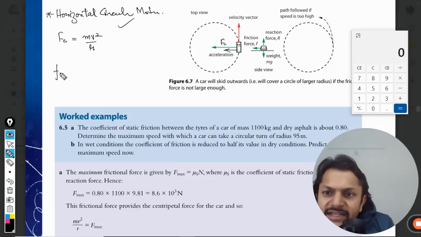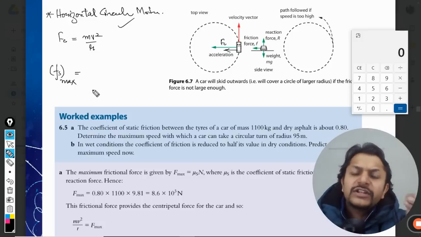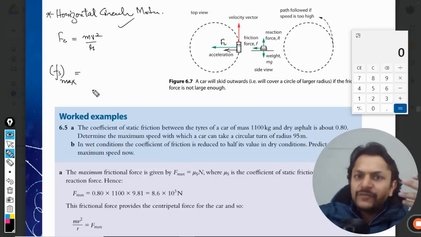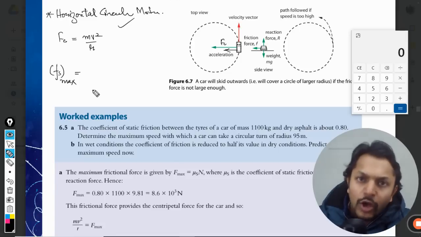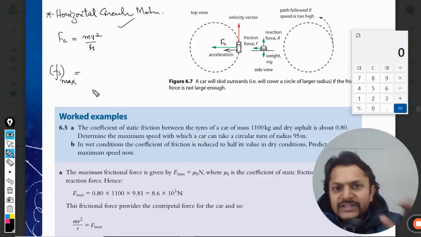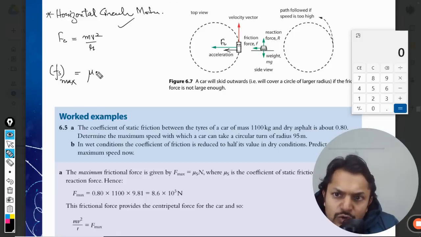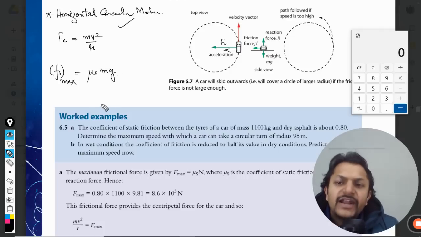So what is the friction? I'm taking fs max, although we have not yet completed the friction force, what is friction, we don't know it as of now. That will be completed in the laws of motion topic, but we will see that later. Anyway, fs max can be taken as mu s m into g, where m into g is the normal reaction for the vehicle.